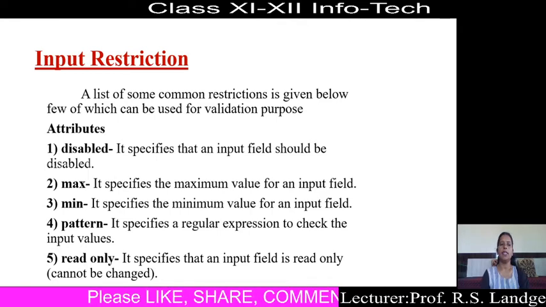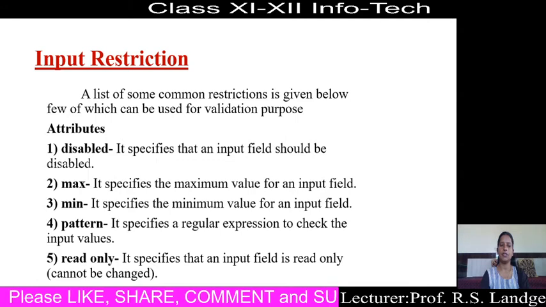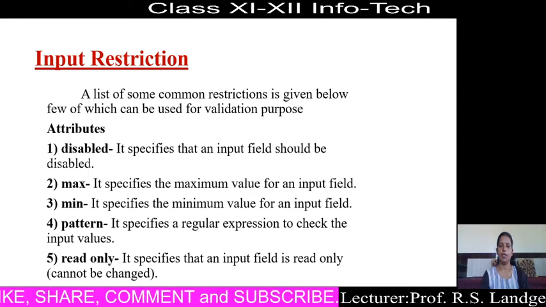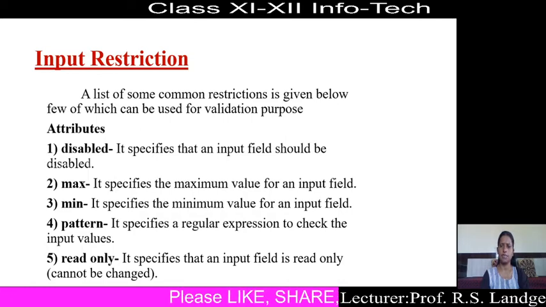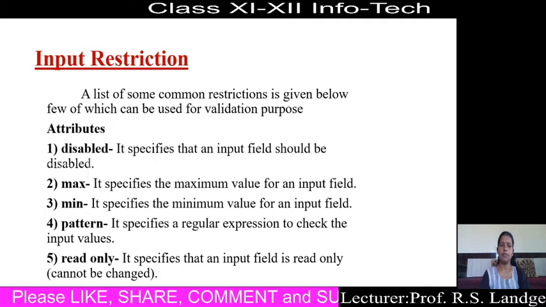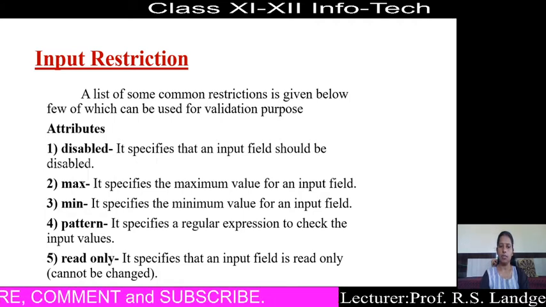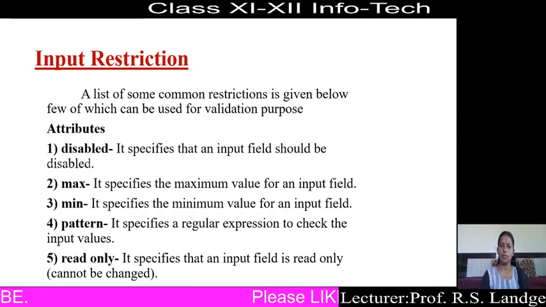Then the next attribute for input restriction is pattern. If the user wants to give input values in a specific range or specific regular expression, then a pattern can be set with the help of this pattern attribute, such as pattern equals to, in square brackets we can set some letters or numbers as a pattern.